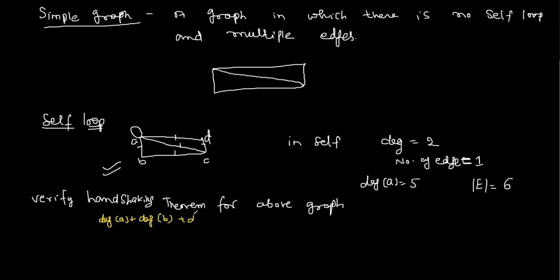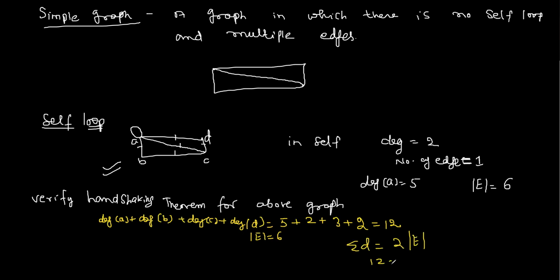Degree of B? Degree of A is 5, B is 2, then C and D. How many total degrees are there? And how many edges? So you know the summation of degree is equal to? Yes. And this is true? Verified. Understood? Note up to here.